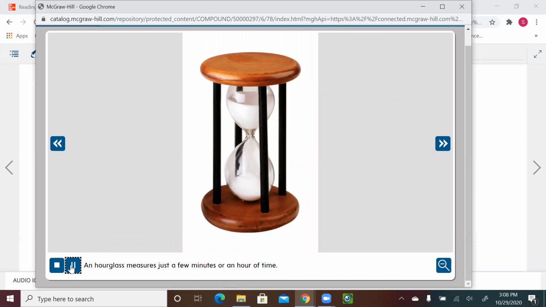An hourglass measures just a few minutes or an hour of time. So this is an hourglass. Sometimes people buy one for the kitchen, they want to measure like 5 minutes, so you know that, yeah, you boil the eggs, so it takes that time. Or sometimes it shows an hour. So this is a different way to measure time.